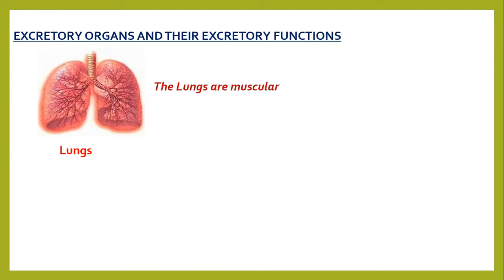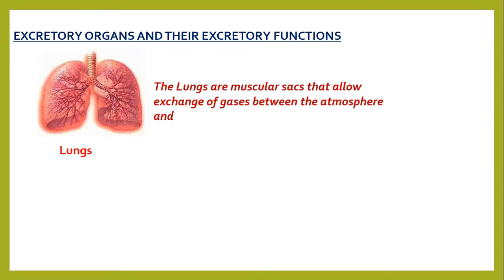Now, what is the function of the lungs? So we are saying the lungs are muscular sacs that allow exchange of gases between the atmosphere and the blood. And what gases are exchanged in the lungs?